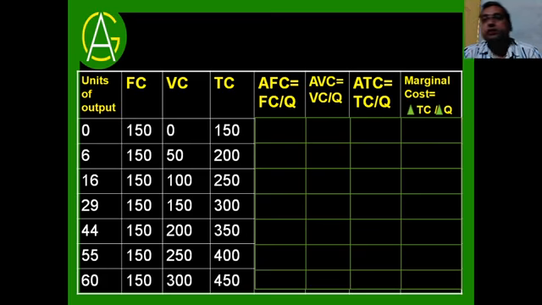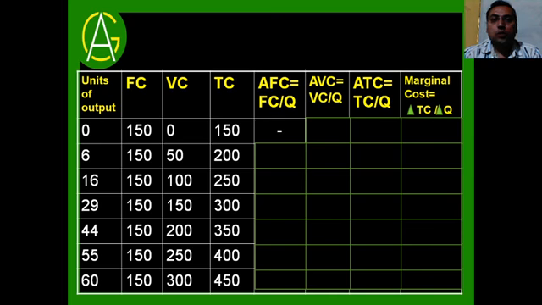Now let us find out average fixed cost. You know that average fixed cost is equal to fixed cost divided by quantity. So fixed cost is given here, 150 divided by quantity is 0. 150 divided by 0, answer will be nothing.